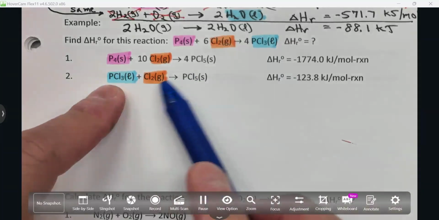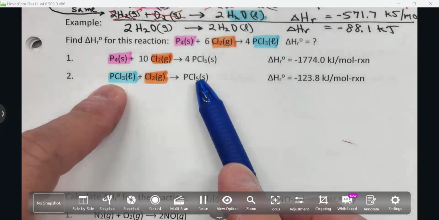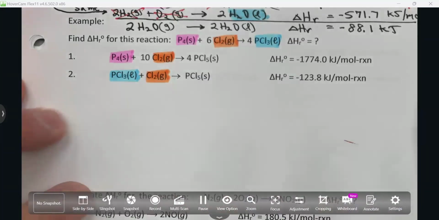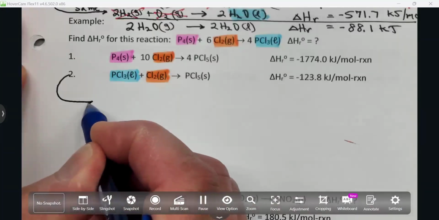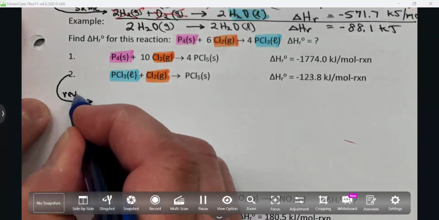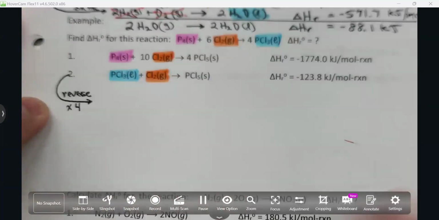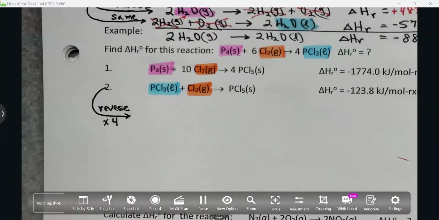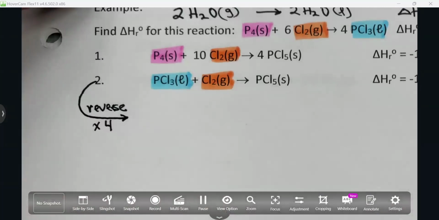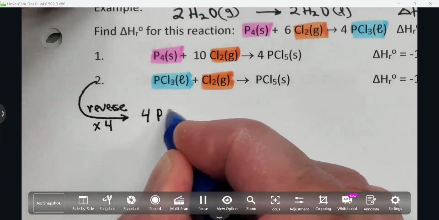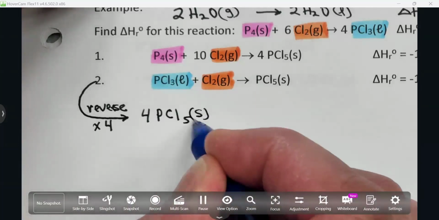What am I going to do with this reaction? I'm going to reverse it, and I'm going to multiply it by 4. Okay. So we'll draw an arrow right here. For this reaction, we're going reverse times 4. So I am going to have 4 PCl5 solid, right?